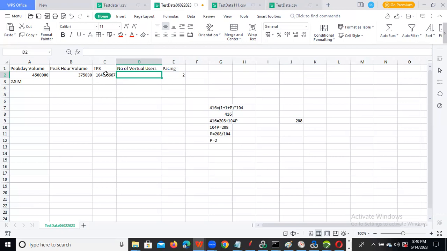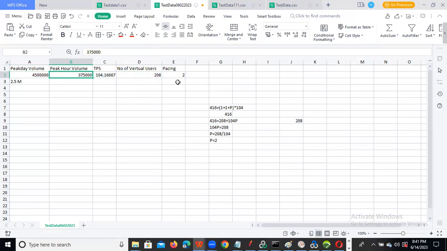I will explain it in a later class. Now you are given pacing 2. Then the number of users is equal to TPS into pacing. So 104 into 2 is 208, right? So this is the virtual user load, 208.